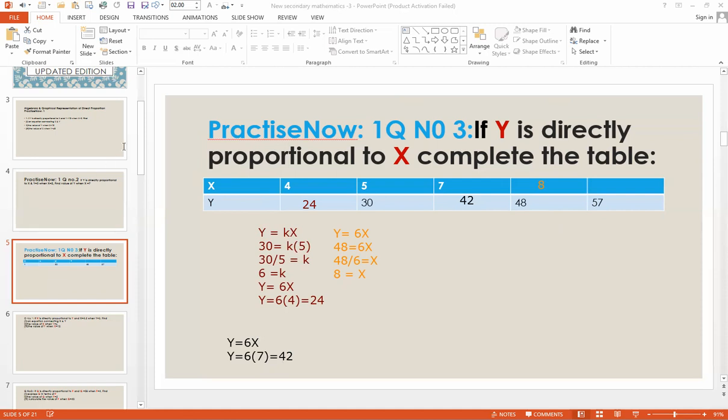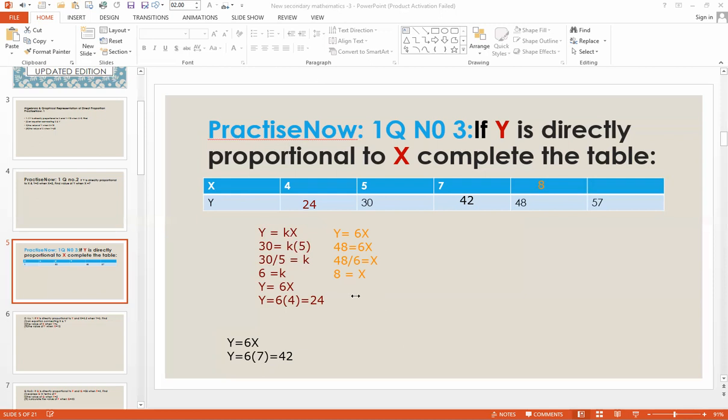Now again I have to change the color. After changing the color, we have to solve for the last value. Just choose red.